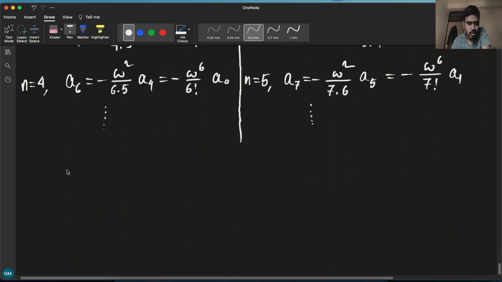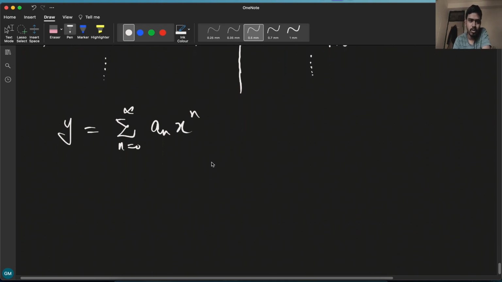So we already know that the sum over n equals 0 to infinity of a_n x to the power n was our initial assumption.